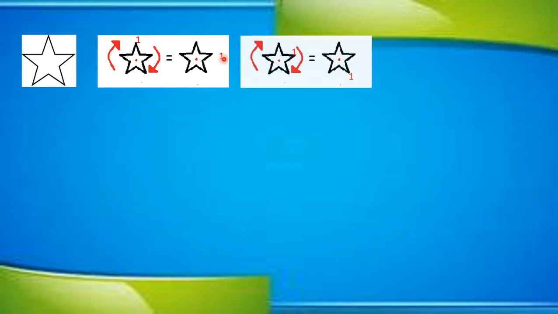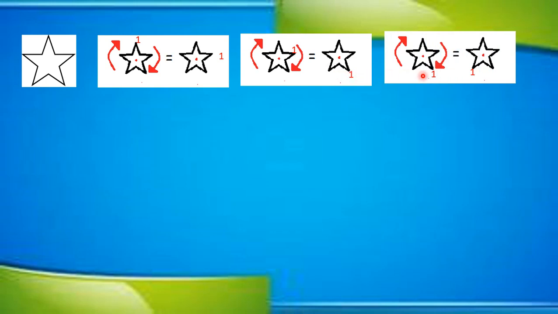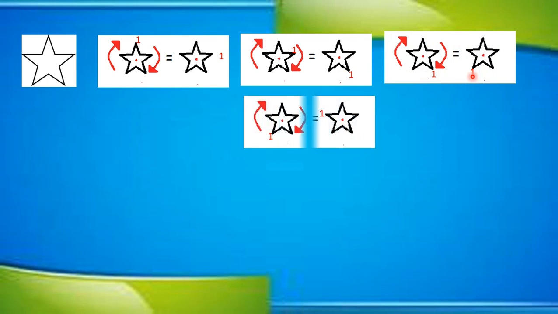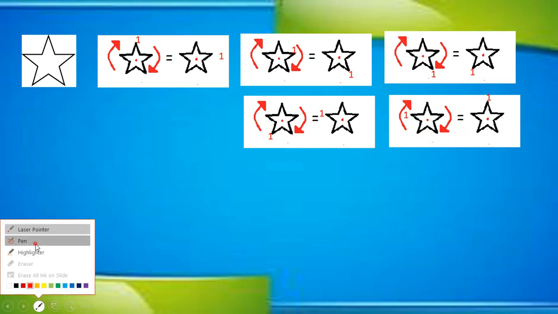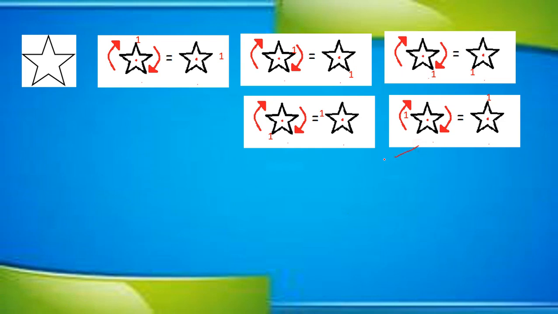Similarly, when it rotates again, this 1, which was here previously, now goes down. In another rotation, this 1 shown here goes to the left side. Again on rotation, this 1 appears here. And in the last, we reach the same figure from where we started.